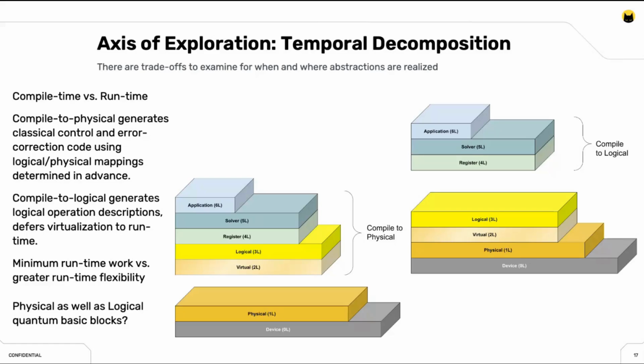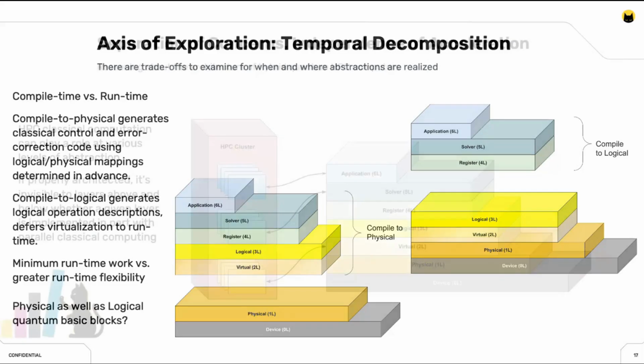So it really gets down to the question of how much of the error corrected operation can we generate as code at compile time and make that a binary compiling to the physical. Now, my intuition is that that's going to be restricted. It won't be as efficient in terms of what it can do. It will take up more storage, but it's a completely legitimate path, and I don't think we know enough to know which is actually going to be the best path to take pragmatically to use these devices for research.